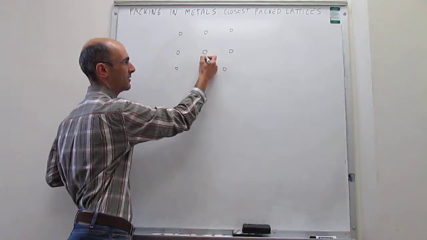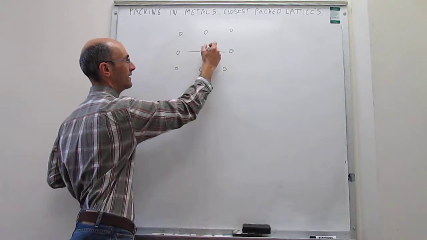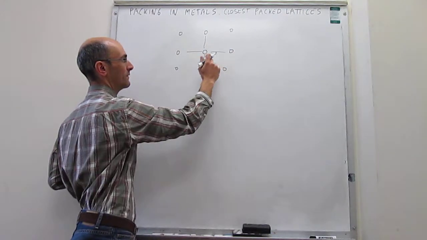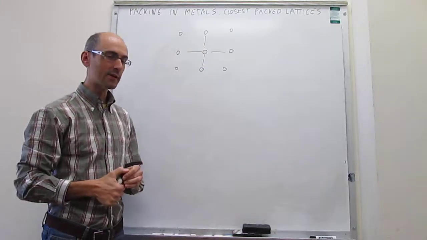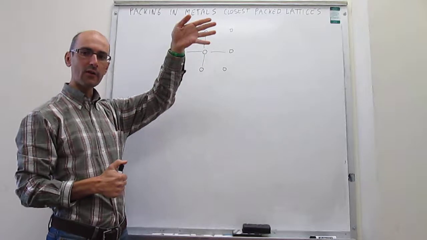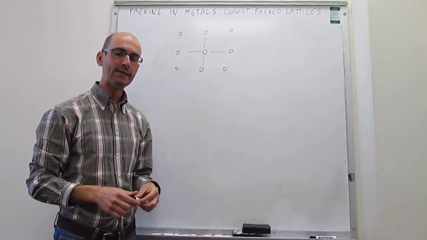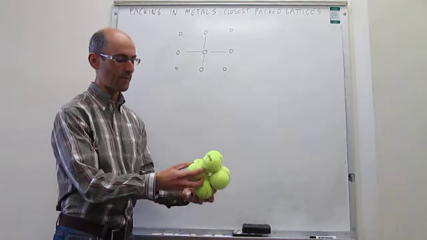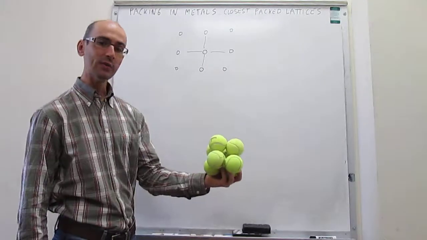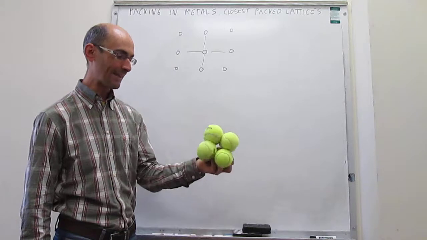Notice that there's 4 nearest neighbors, and then there's going to be 4 next nearest neighbors that are a little bit further away. Right? So then you can put another layer on top of these, another layer, and that is what we call simple cubic packing. And I have a prop here to illustrate that. Okay, so that would be your unit cell for a simple cubic lattice.